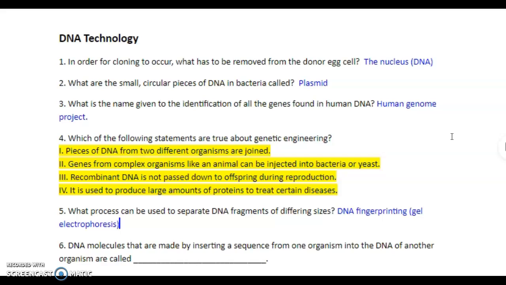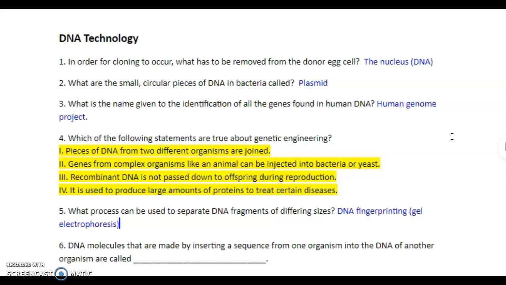They cut the DNA into little fragments, different little pieces, and they can put it into a gel tray. There's little wells that you can inject the particles of DNA into, and because DNA has an electrical charge on it, they can apply a charge to the tray, and then the particles will move through the gel in the tray.